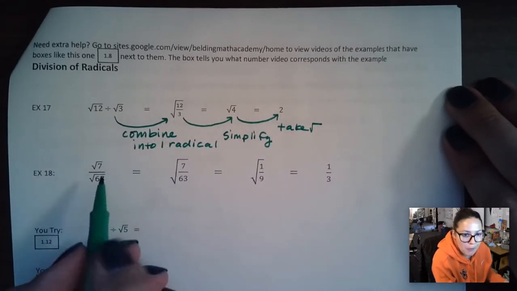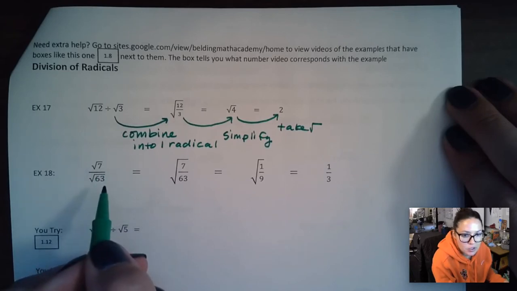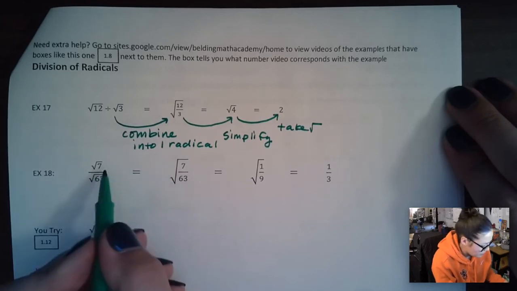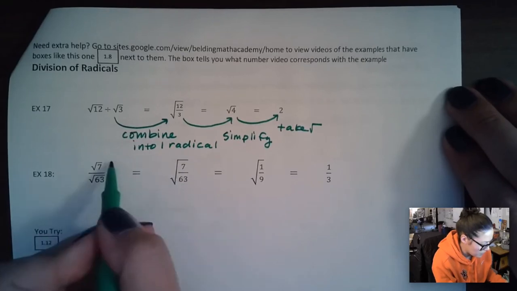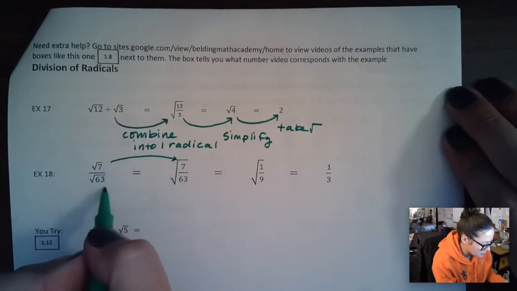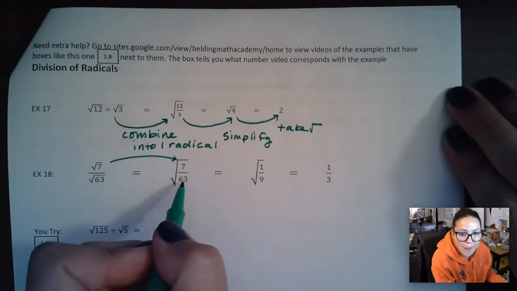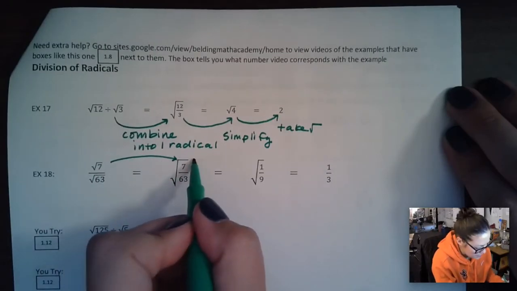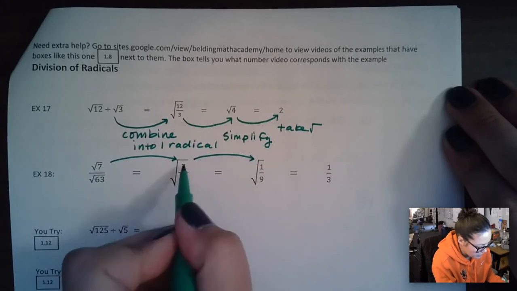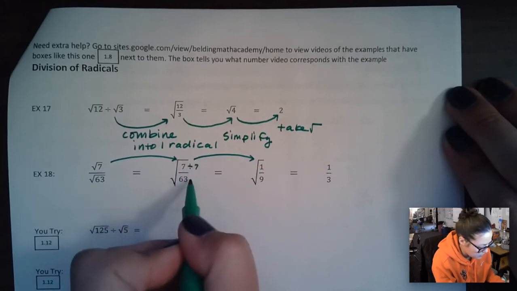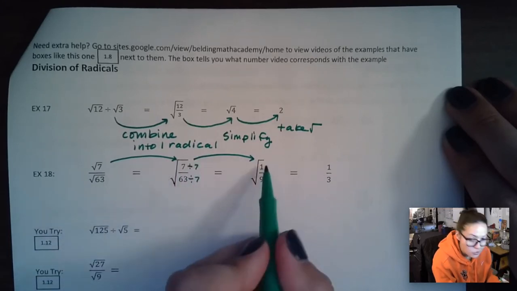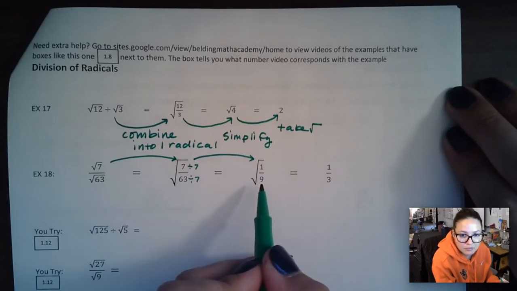So let's look at this one. Square root of 7 divided by the square root of 63. Guess what? We did the same thing. We combined into one radical. Now it's the square root of 7 divided by 63. And again, I simplified. 7 over 63, those can both be divided by 7, which gives me the square root of 1/9.